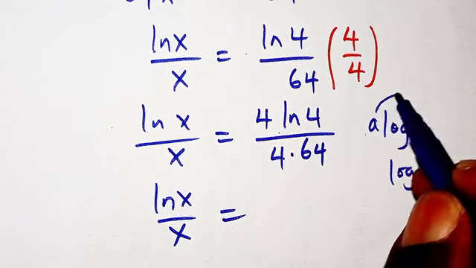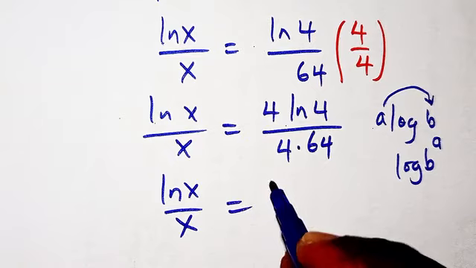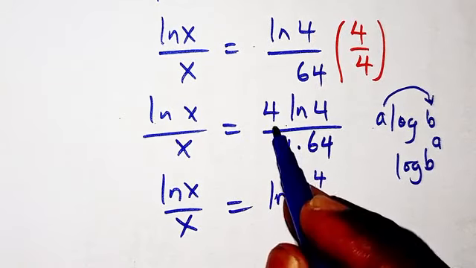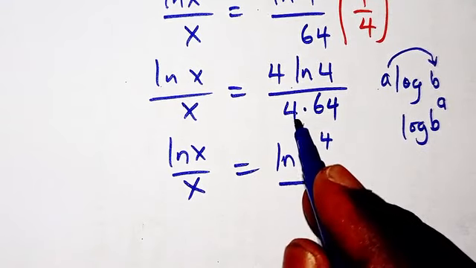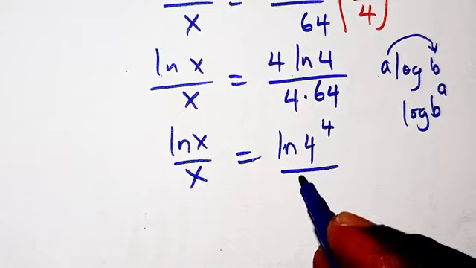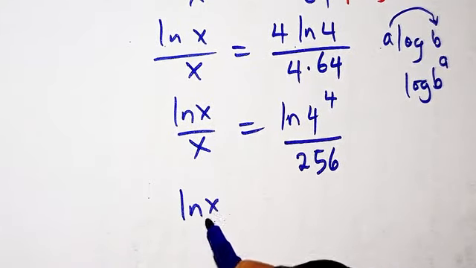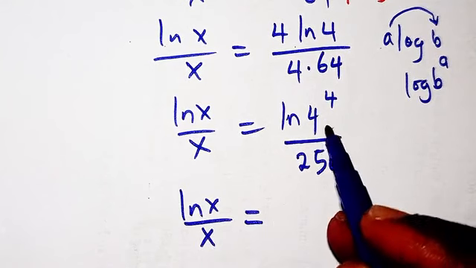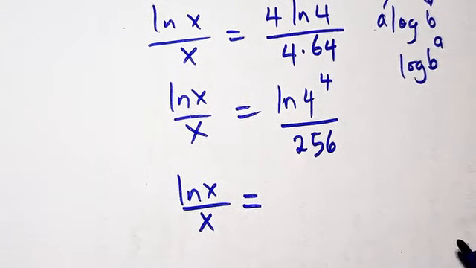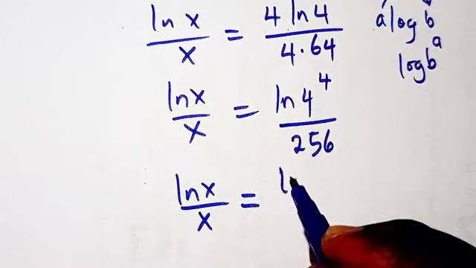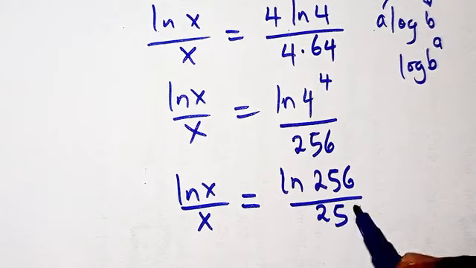This a will become the power of b. So the same thing: ln of 4 to the power of 4, this 4 will go up, then divided by 4 times 64, which is 256. So ln of x over x equals, now 4 to the power of 4, when 4 multiplies itself 4 times, we have ln of 256 divided by 256.